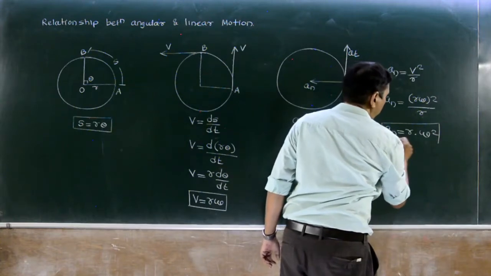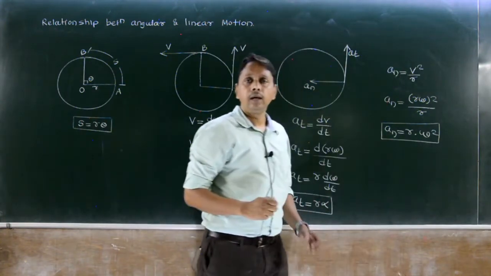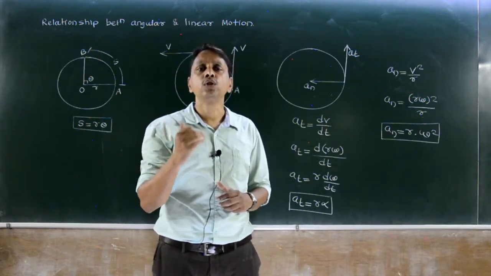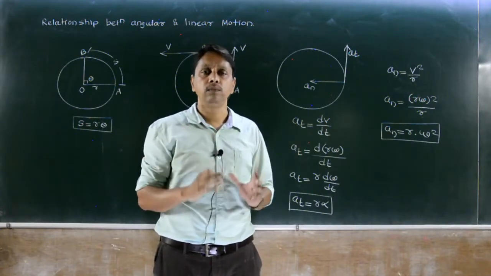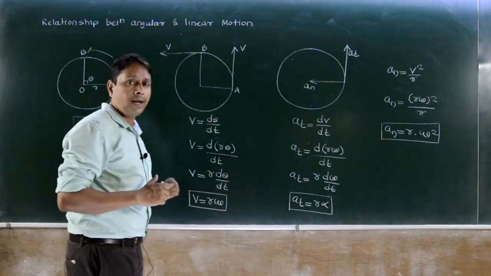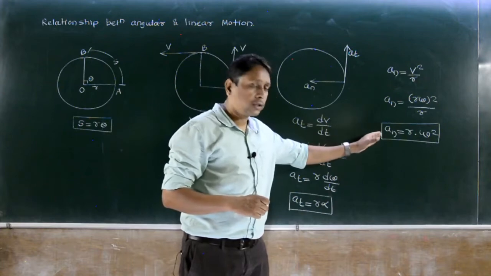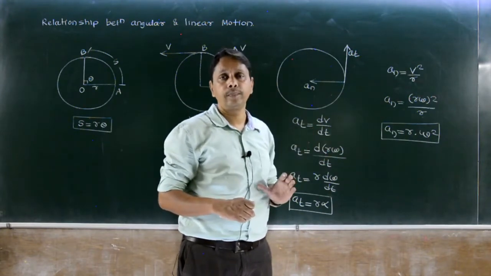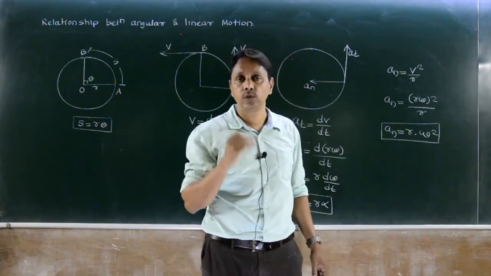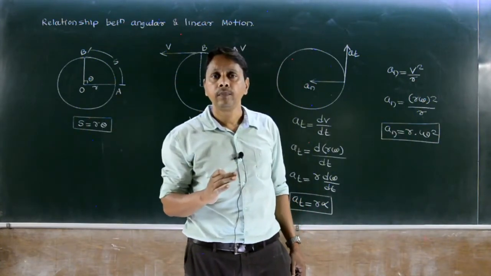It is r into omega square, not r square. So these are the relations between angular motion terms and linear motion terms: s equals r theta, v equals r omega, a_t equals r alpha, and normal acceleration equals r omega square.